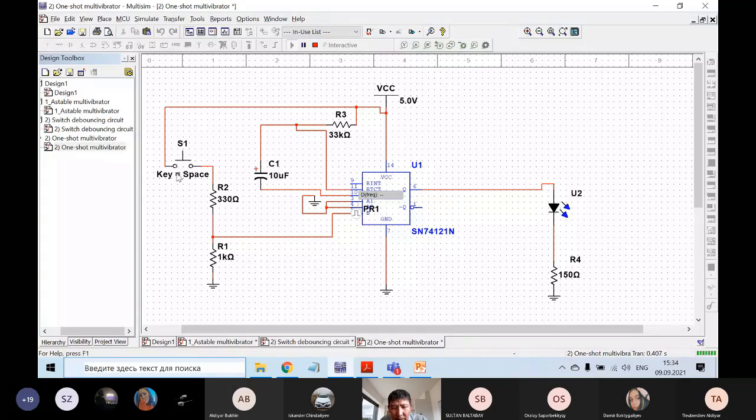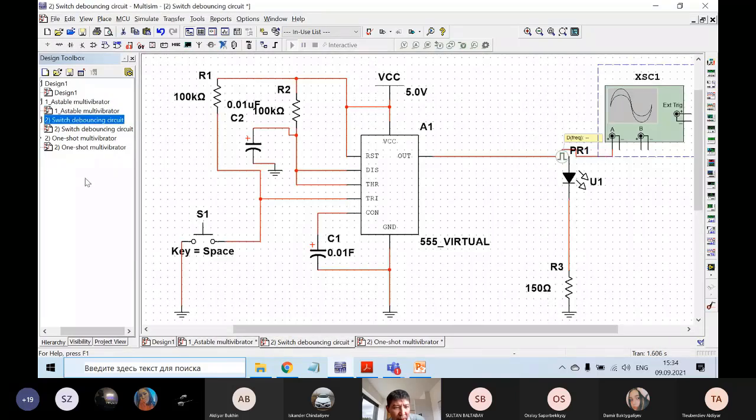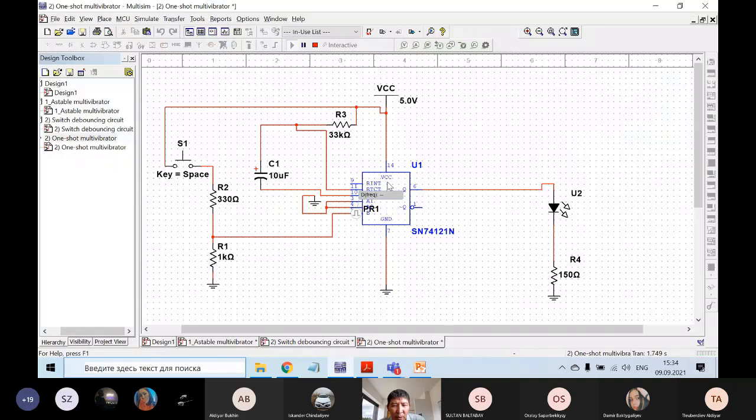So you can see that the LED lights longer, right? So actually tomorrow in the lab you will assemble this type of multivibrator, this switch bouncing circuit, and the one-shot multivibrator. You will do all of this yourself, and there will be some questions at the end of the lab work I need you to answer. Okay, but it's not difficult.